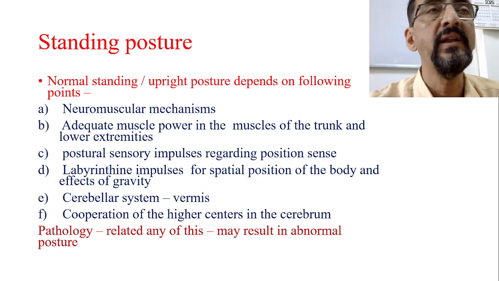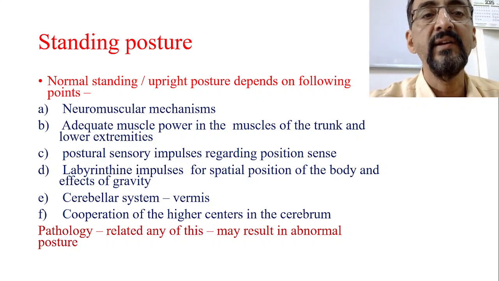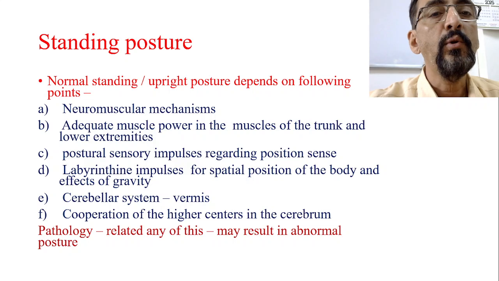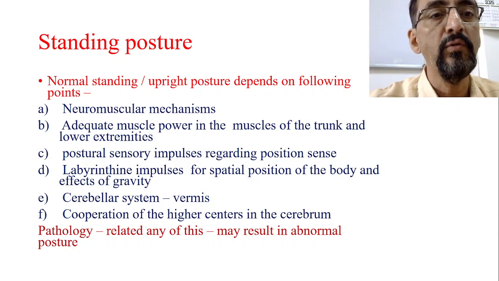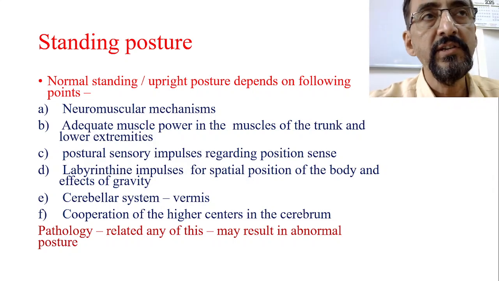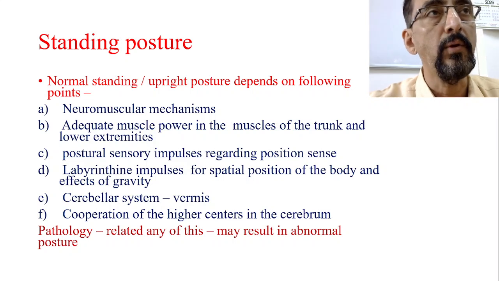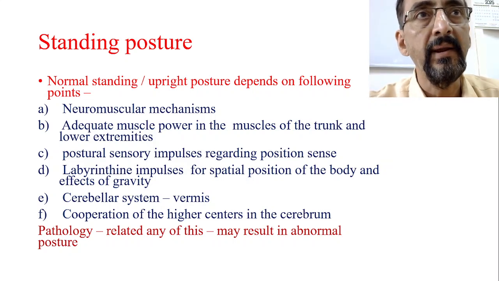Posture depends upon many factors. A person maintaining the normal posture means the neuromuscular mechanism is normal, because maintenance of the posture is both neurological and muscular. If there is coordination between the neurological and muscular systems, then the normal posture of the patient will be maintained.